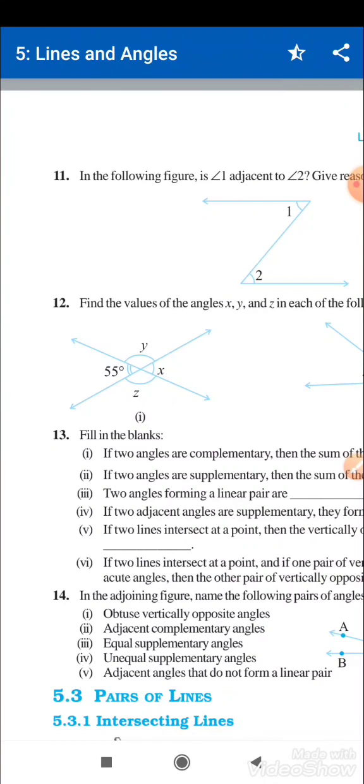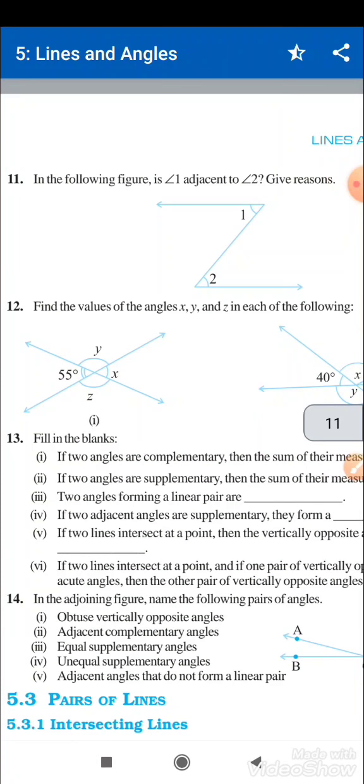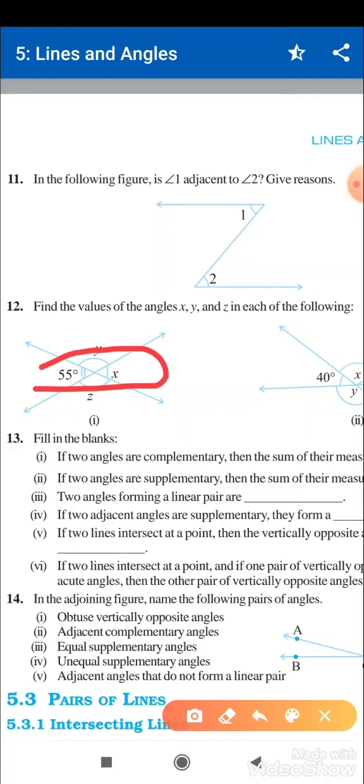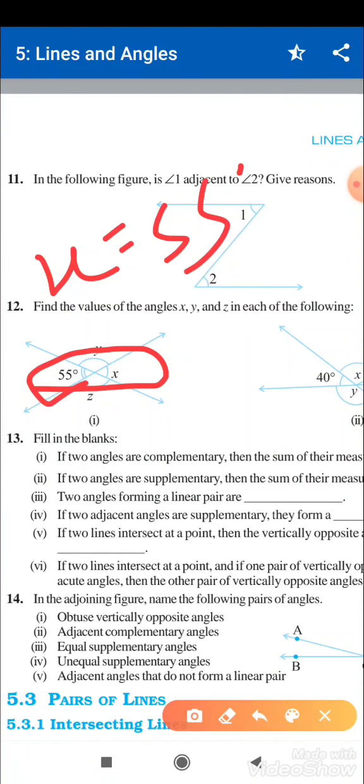From this diagram we easily conclude that x is 55 degree because they form a pair of vertically opposite angles. As we all know that vertically opposite angles are equal, so the measurement of x is 55 degree.